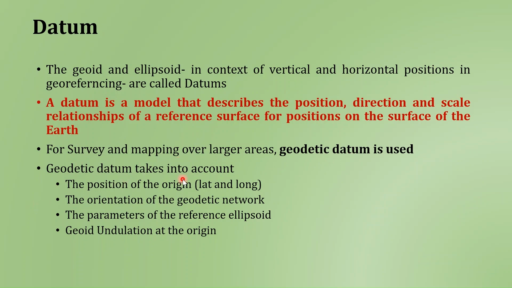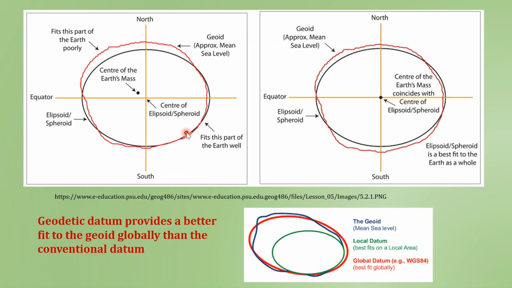The geodetic datum takes into account the position of the origin for calculating latitude and longitude, which is the center of the Earth's mass, then the orientation of the geodetic network, the parameters of the reference ellipsoid, and also the geoid undulation at the origin. So the datum is the combination of the geoid and the reference ellipsoid that best represents the Earth's surface.